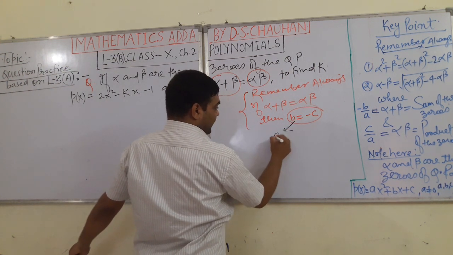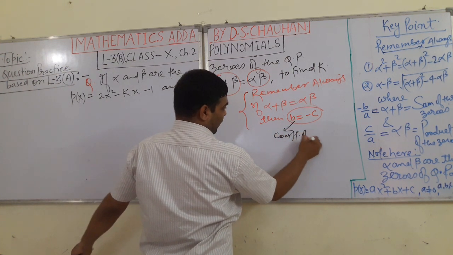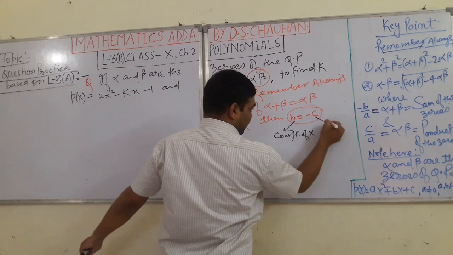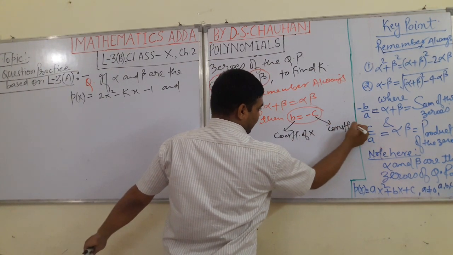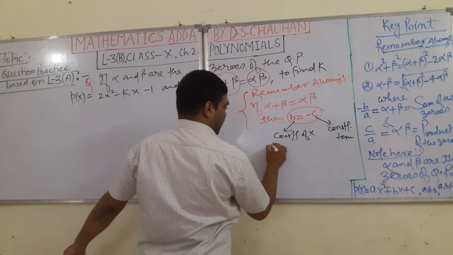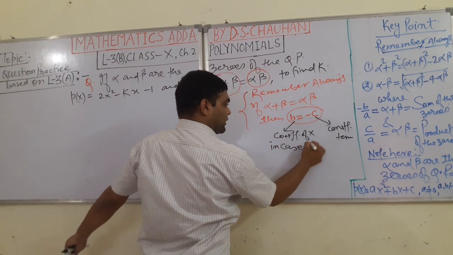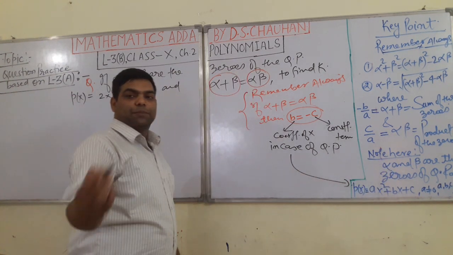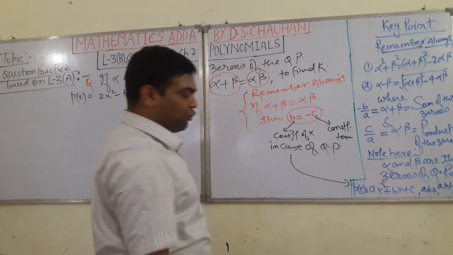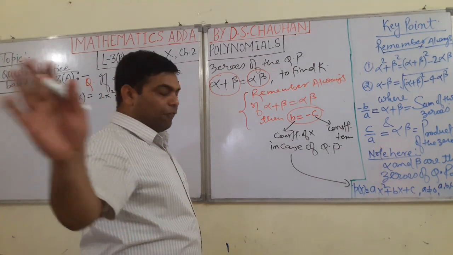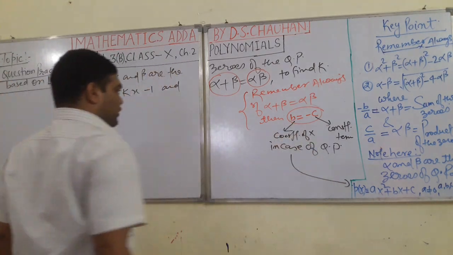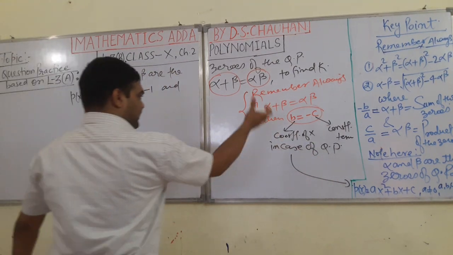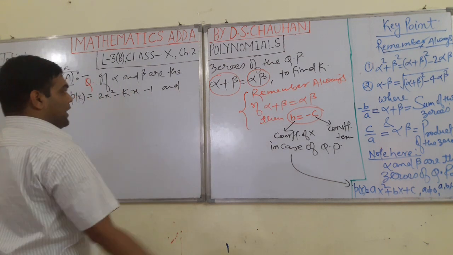Where b is the coefficient of x, and c is the constant term in case of the quadratic polynomial ax square plus bx plus c, where a is not equal to 0 and a, b, c belong to the real numbers. Well students, keeping this in mind, very easily you can solve this problem.